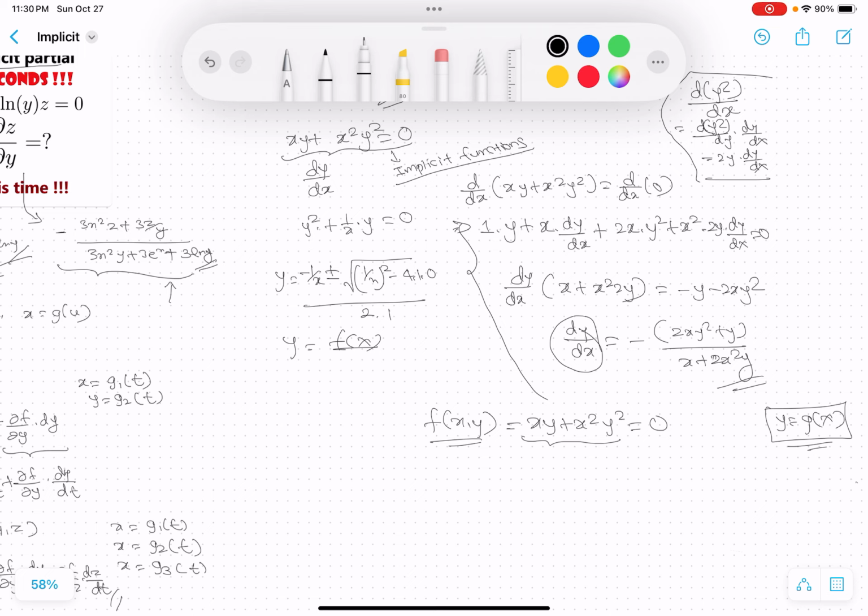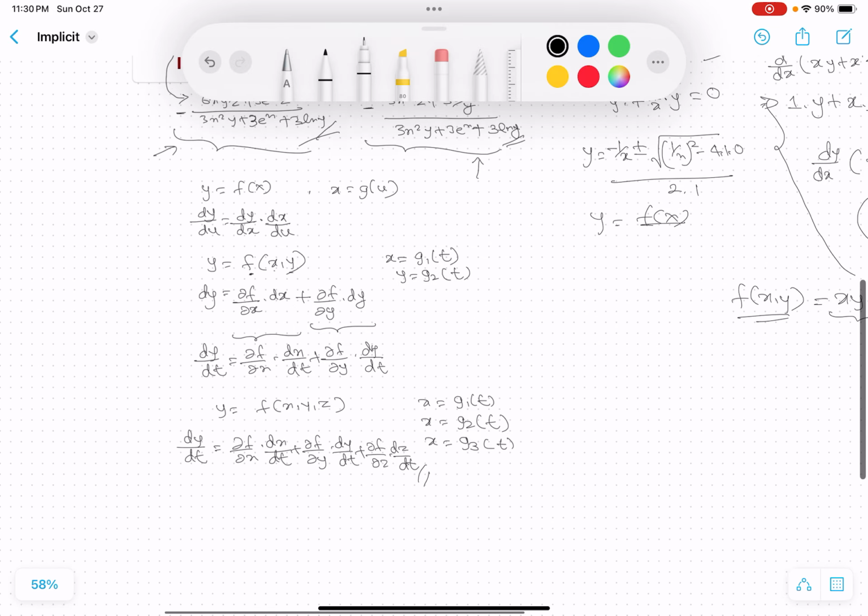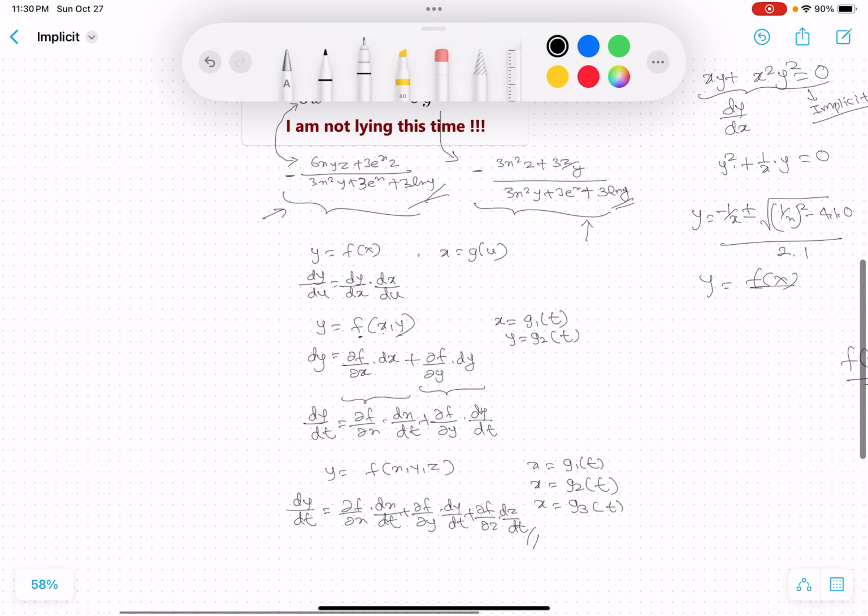Okay, now over here, let me also tell you something different. Over here, if we had, let's say, y as f of x and y, and let's say x is equal to just x and y is equal to f of x.